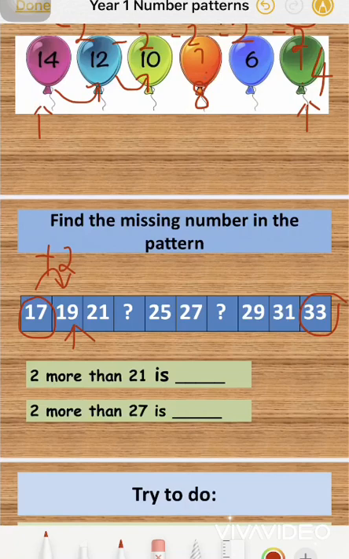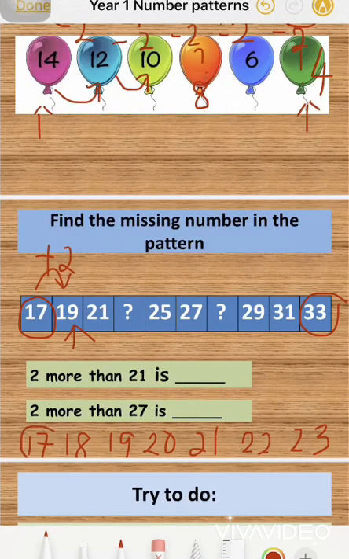First of all, what you need to do is just list down the numbers. So from 17, then 18, then 19, 20, 21, 22, 23. So look at this number pattern again, 17 to 19.